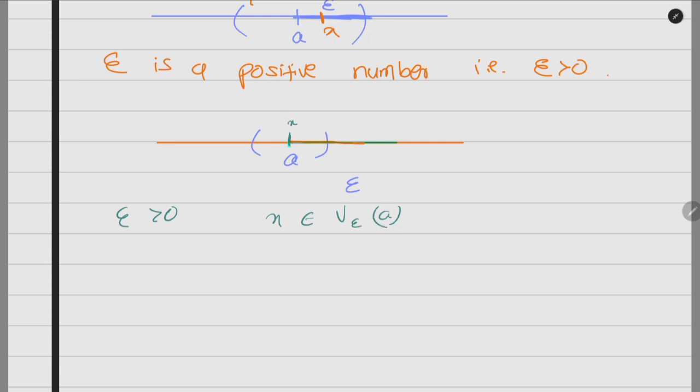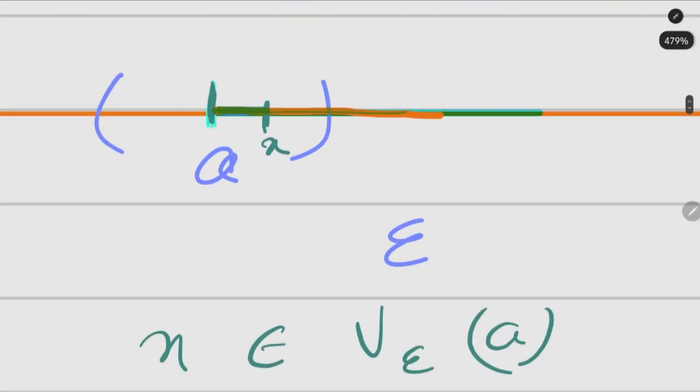Okay, so we can write mod of A minus x will be less than epsilon, isn't it? See, x is somewhere here, A is here, so x minus A will be this distance, and this distance is lesser than this distance, that is our epsilon.